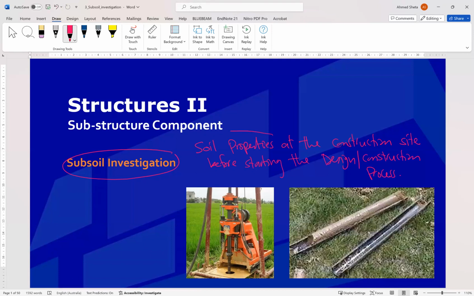have some idea about what the soil properties are in this area, and whether the soil is weak or strong. For example, if the soil is loose sand or clay, not stronger like rock or dense sand and so on.